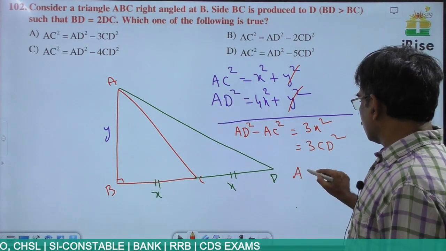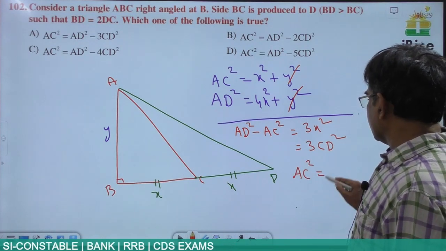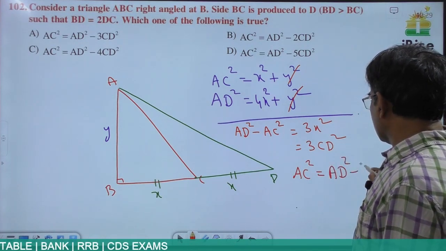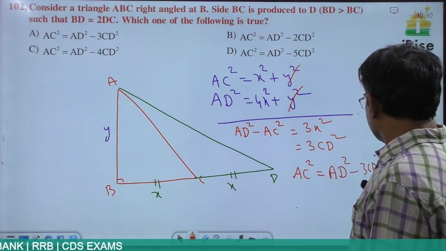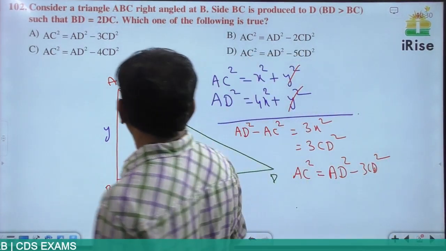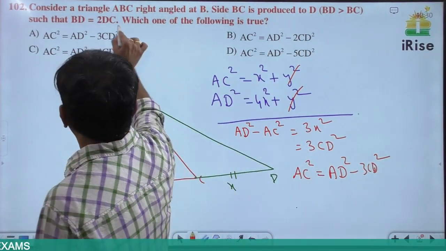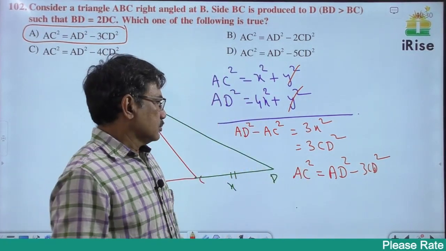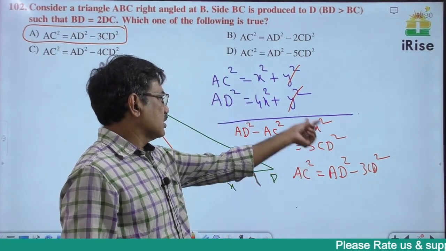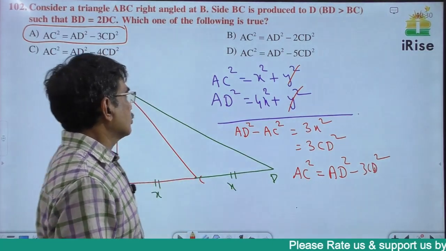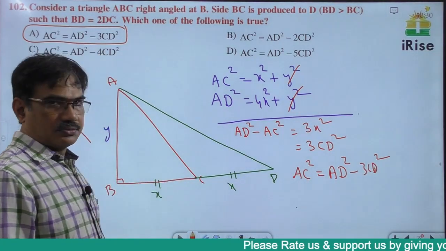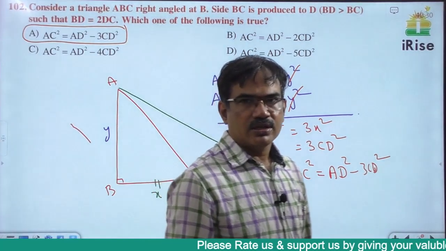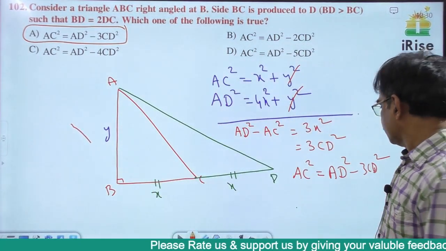AC square is equal to AD square minus 3 CD square. Okay, AC square transferred to the left side, we get this condition. So the answer is the first option. Okay, next question.